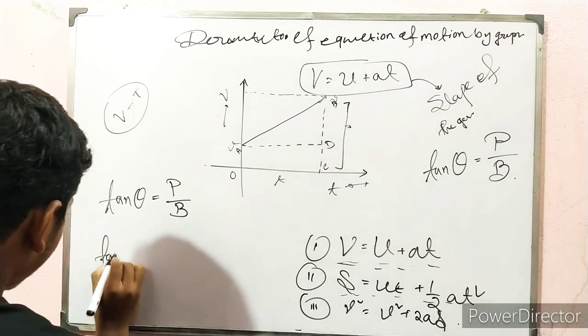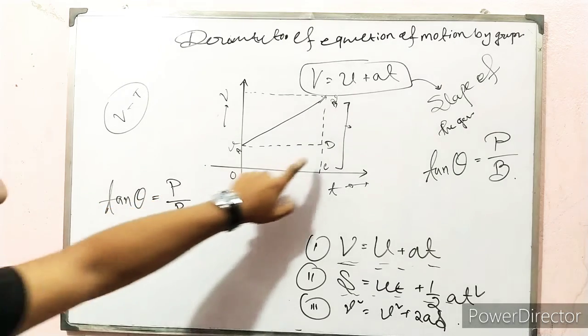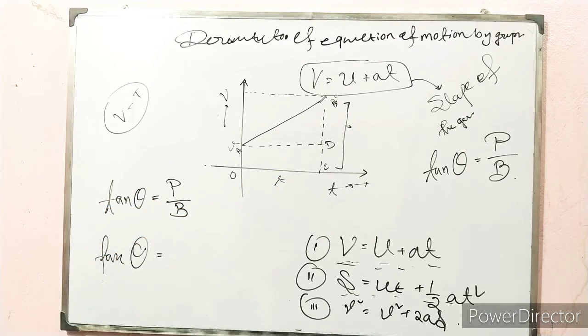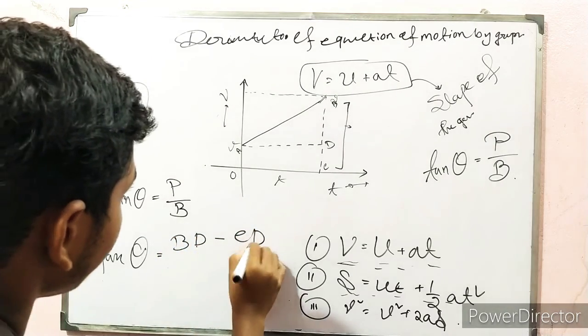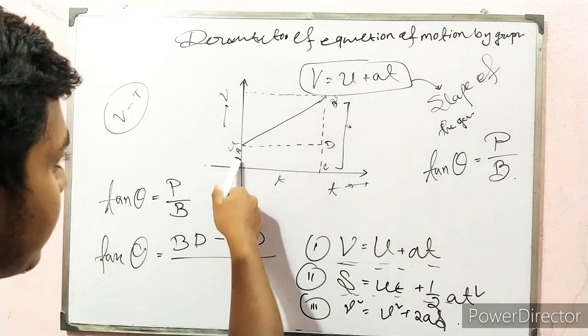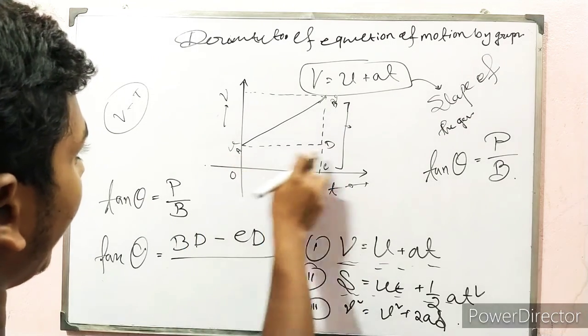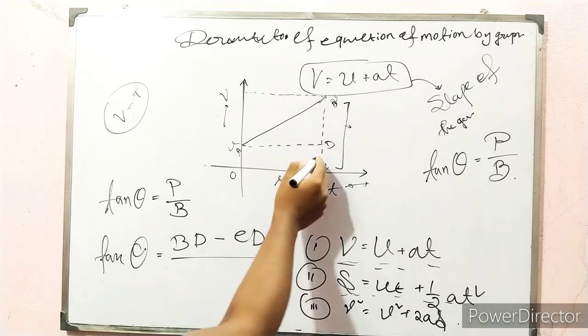So we'll write that tan theta is perpendicular, that is BD minus CD, by the base. Base means AD. AD is the base of this triangle, isn't it? Okay, so I will write AD.